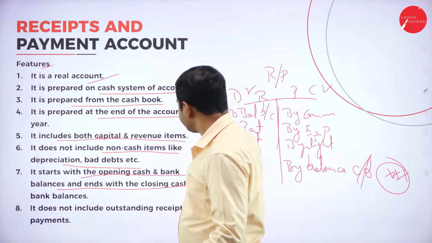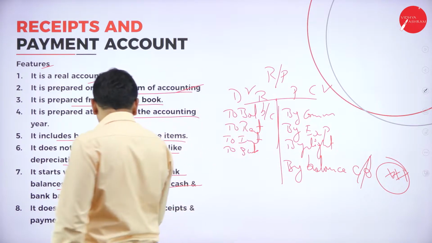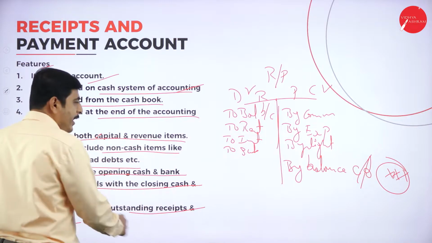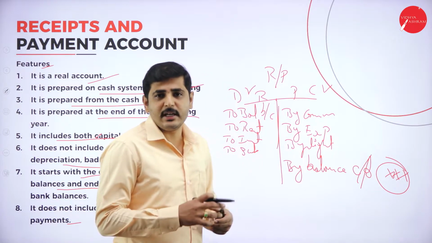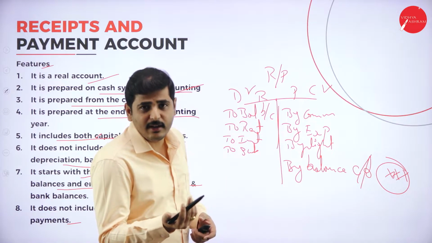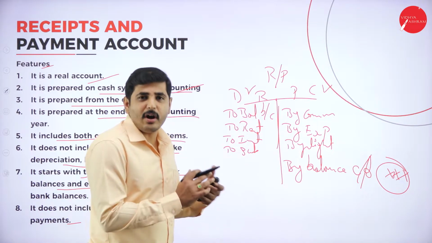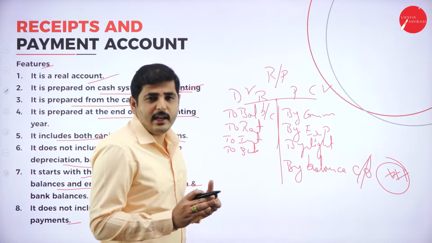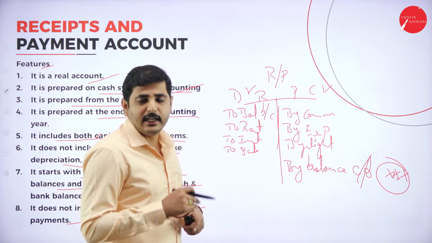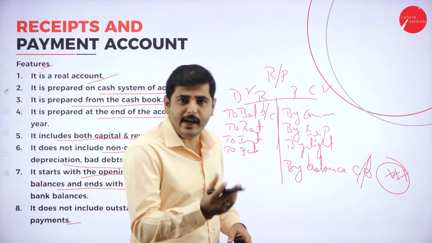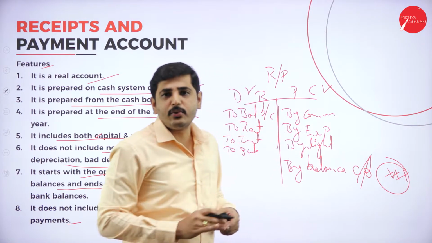Now let's go to the next point. It does not include outstanding receipts or payments. We have not received some amount, or there is an outstanding payment, for example rent payable not paid or some income receivable not received. It does not include such amounts, unlike the income and expenditure account and the profit and loss account. In the income and expenditure account, even though we have not paid, we have to add it as outstanding.